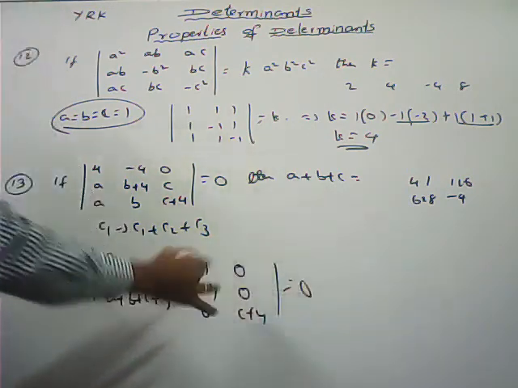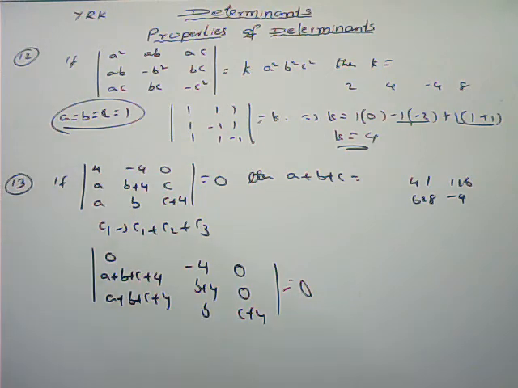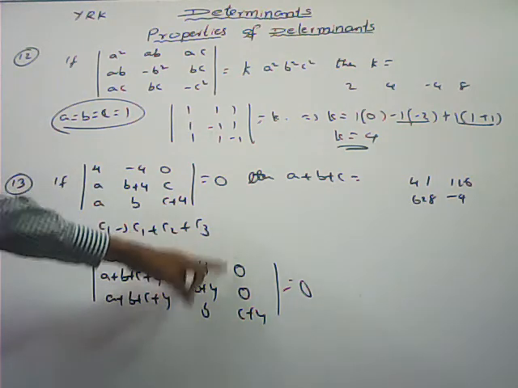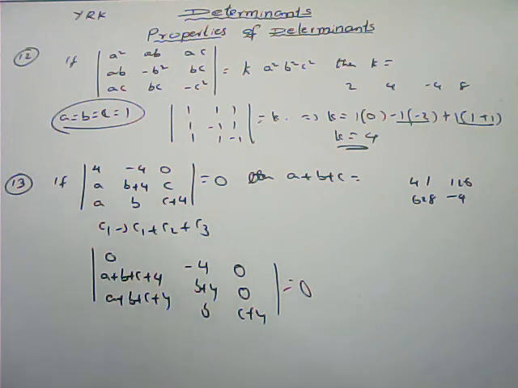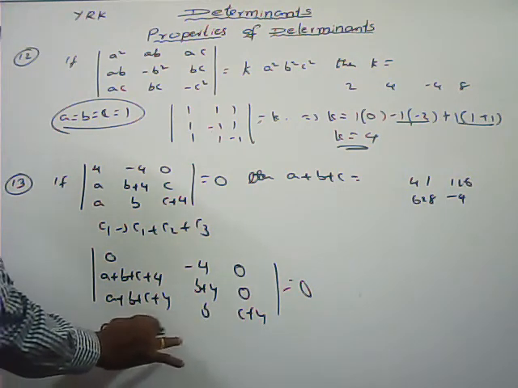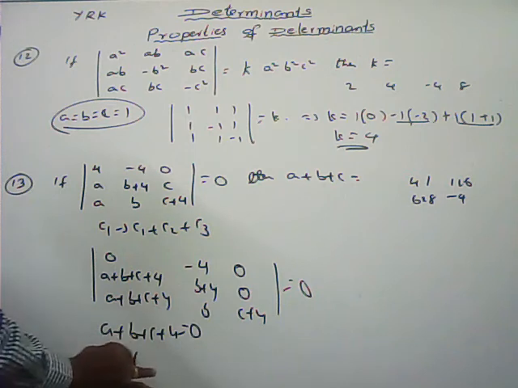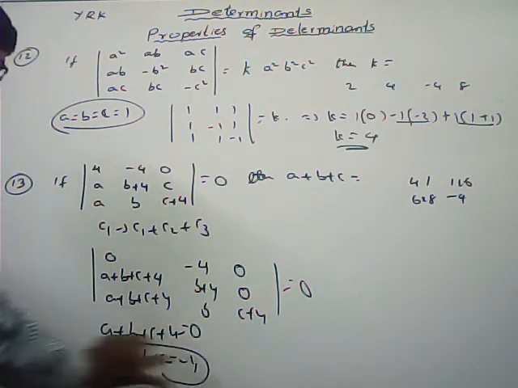It is given that the determinant equals 0. Here we can take C equals minus 4 also, but they are asking for the value of A plus B plus C. If every element in a particular row or column of the determinant is zero, then the determinant equals 0 only. So here if I equate these for zero, A plus B plus C plus 4 equals 0. So A plus B plus C equals minus 4.